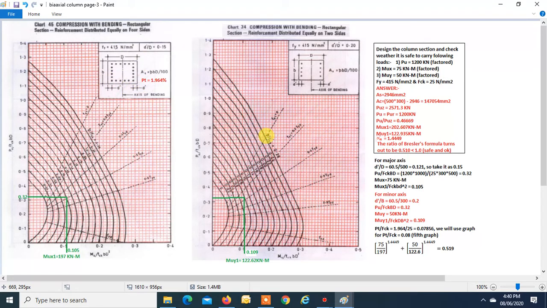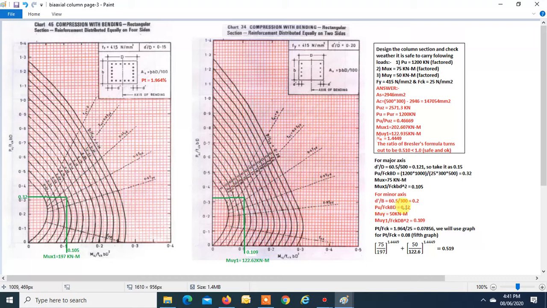Now when we come to the minor axis, we know that the steel is equally distributed on two sides, so we will take this graph. D dash by B is 60.5 divided by 300, that is 0.2, so we'll take the graph for 0.2, Fe 415.